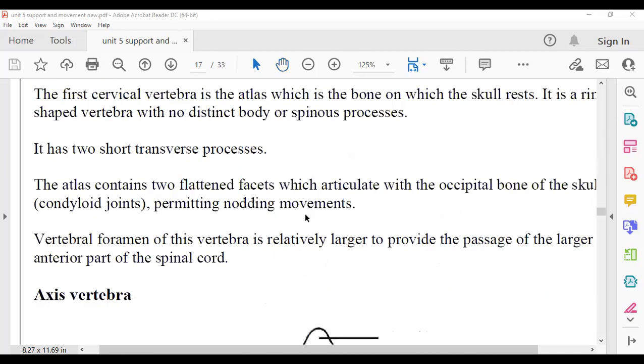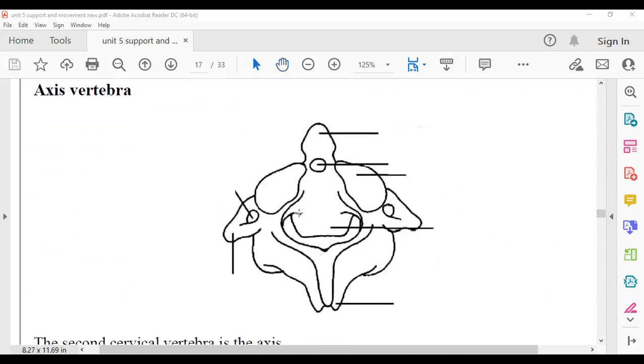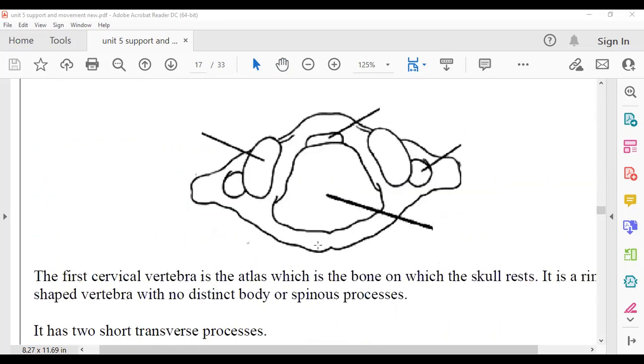So this is the next vertebra, the second cervical vertebra. It is called the axis vertebra. In the axis vertebra also typical parts are there, but you can see that in this vertebra almost the spinous process is absent, correct?